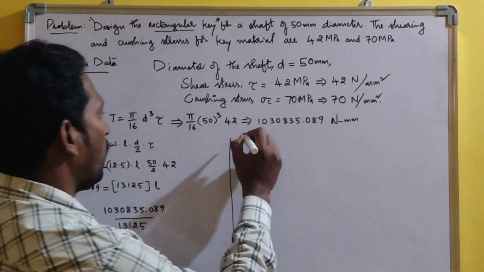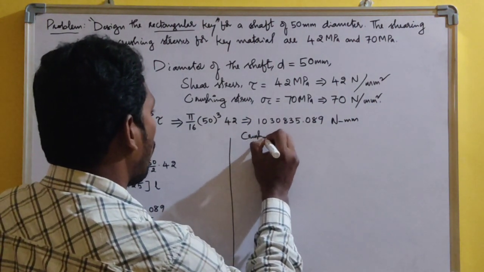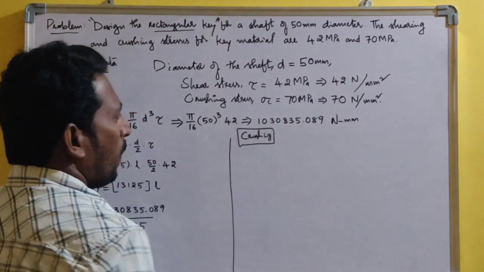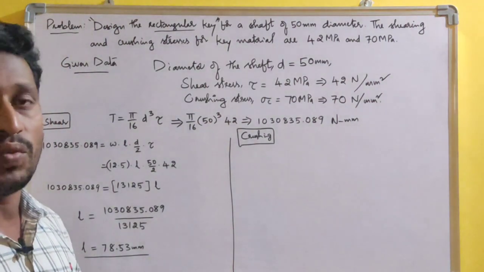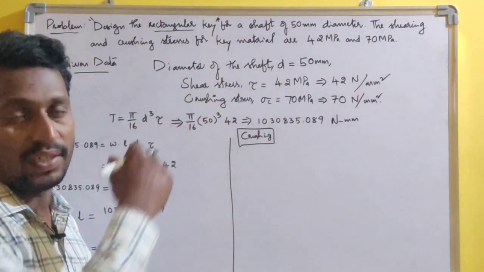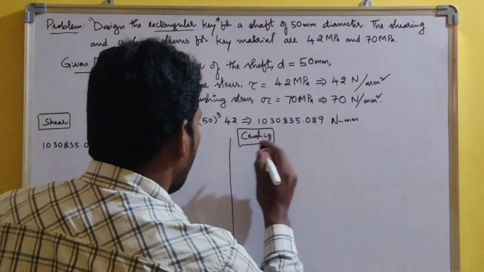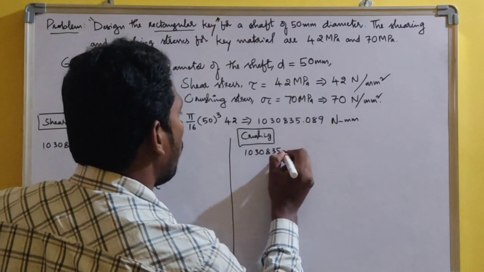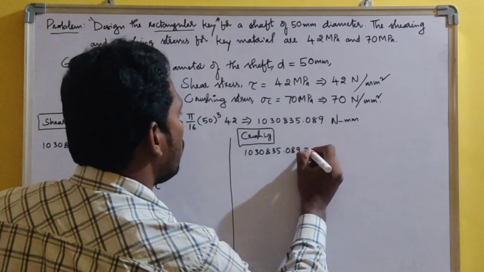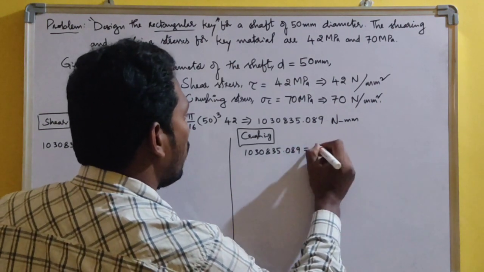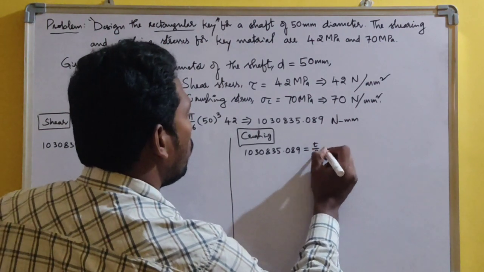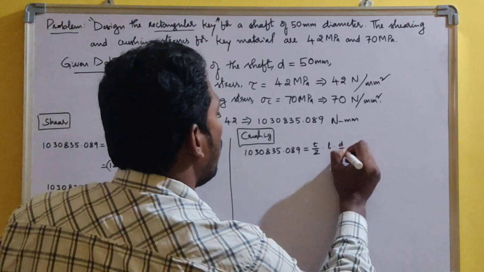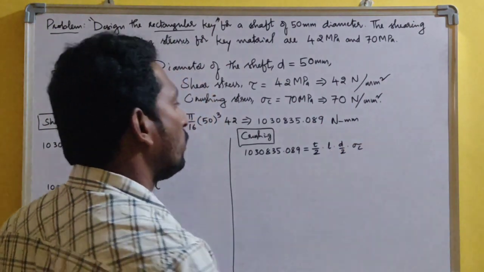According to the crushing criteria, we have to equate this value with the T value which we already wrote for the crushing criteria. So 1030.835.089 is equal to t divided by 2 into L into d by 2 into sigma c.